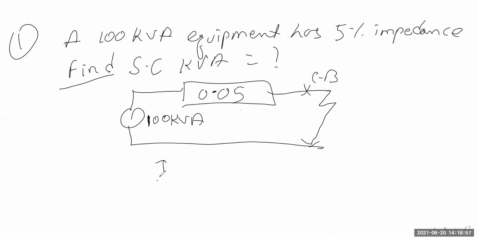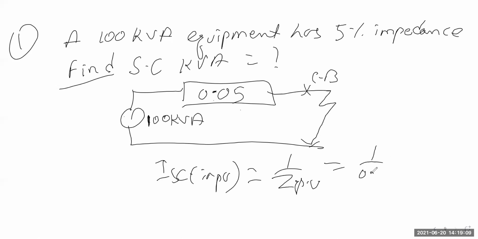We have just seen one formula, that ISC in per unit is equal to 1 by Z per unit, right? So it will be 1 by 0.05, which equals 20 per unit. That is your ISC in per unit, right? This is what we know.